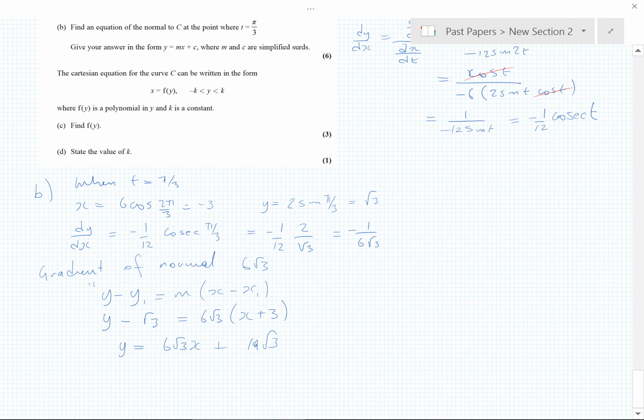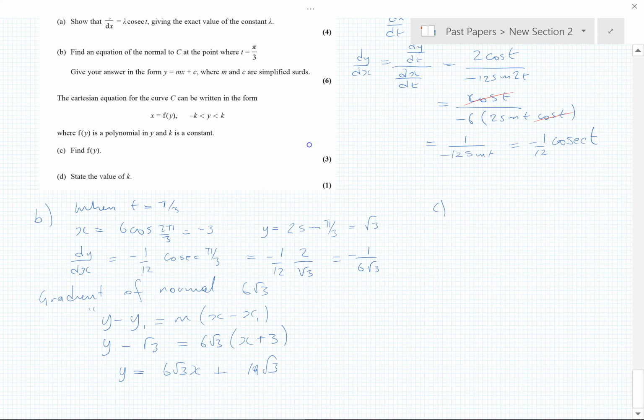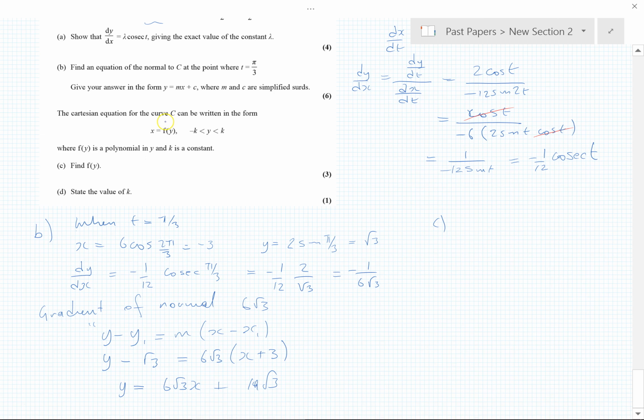Now, let's see if part C has got anything nasty about it. We're nearly done here now, just 4 marks out of the 120 to go. We're told the Cartesian equation can be written in the form x is equal to f of y, where f of y is a polynomial in y, and k is a constant.